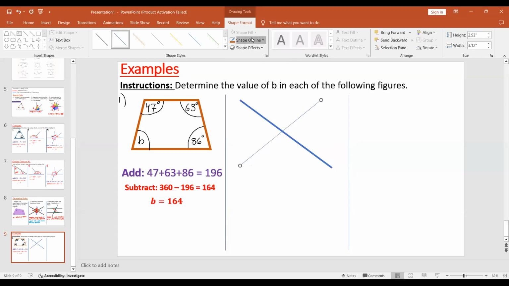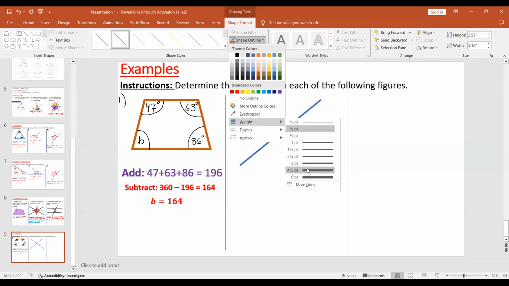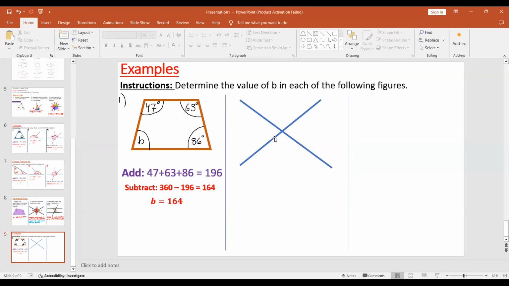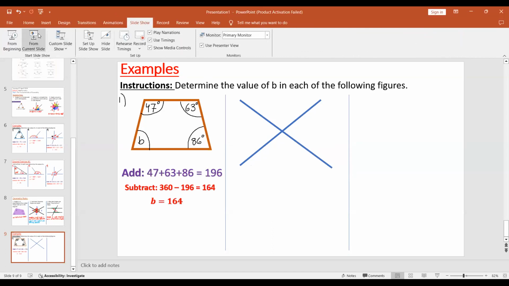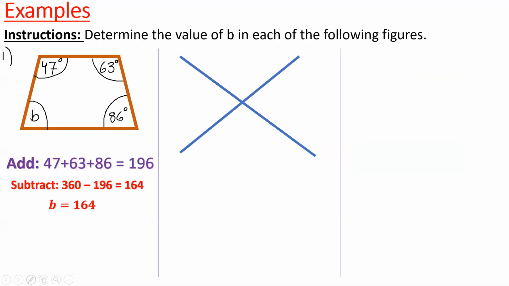So if we have that, this guy right there is equal to 65, right?